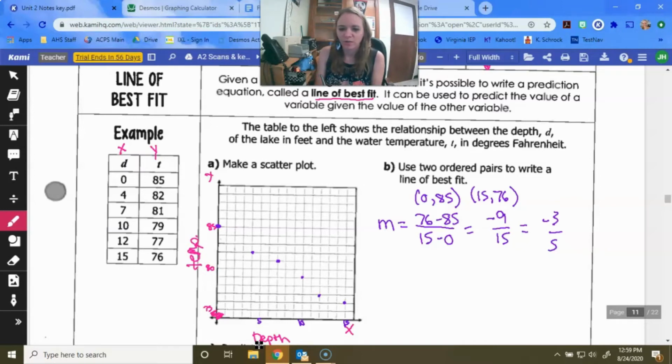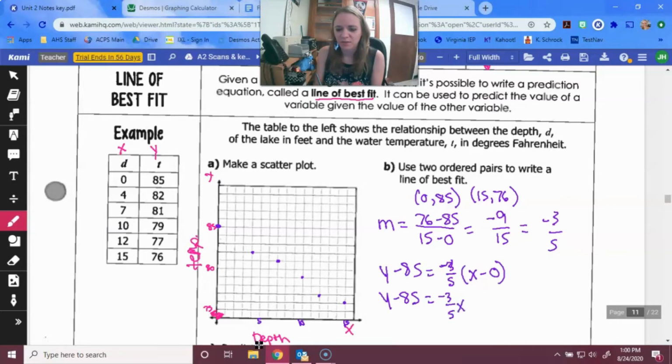And then we can take the equation and say, alright, if I want an equation, I'll just use this point, y minus 85 equals, so a point and a slope, negative 3 over 5. Oh no, I'm having some lagging. Oh gosh. I think I got it. Distribute.